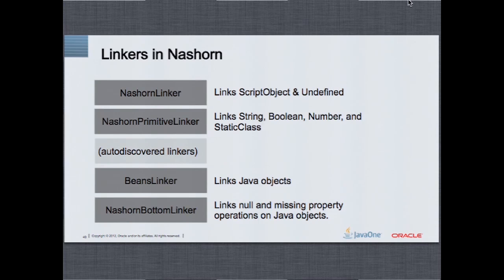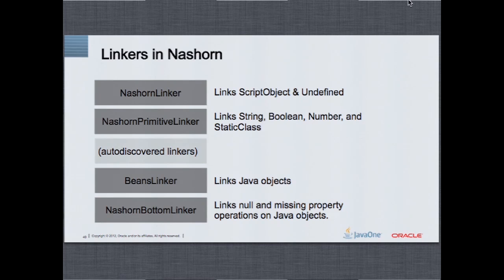The Nashorn linker links our script object, which is an abstract class that all the Nashorn JavaScript classes subclass from. It also links undefined, which is a special value type in JavaScript that specifies a value that was not defined. Nashorn primitive linker, on the other hand, links strings, boolean, number, and a static class, which I won't go into.